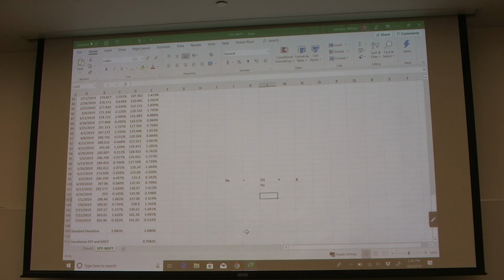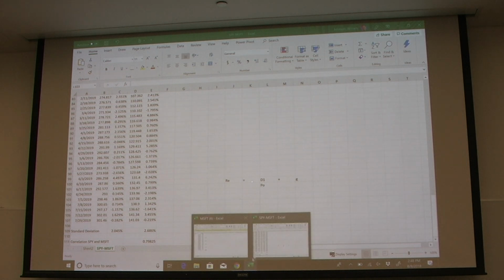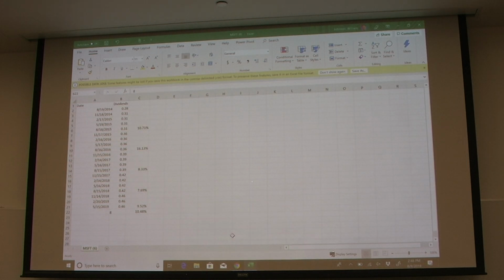The first thing we need to do is go back to how to estimate the growth rate of a dividend. In our previous lesson, we learned how to estimate the growth rate of a dividend for Microsoft, and we estimated the growth rate to be 10.48%. What was our last dividend? Our D0, the dividend that's just been paid, is 46 cents, but that is a quarterly dividend.